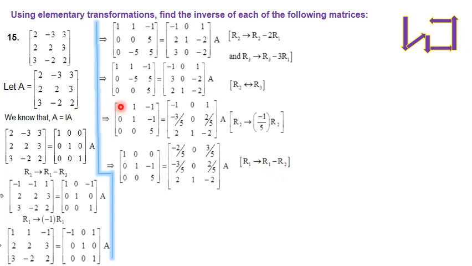See here, R1, 1 minus 0 is 0, and 1 minus 1 is 0. Then minus 1 minus 1, that is minus 1 plus 1, that is equal to 0, and the remaining things are same, 0 1 minus 1.